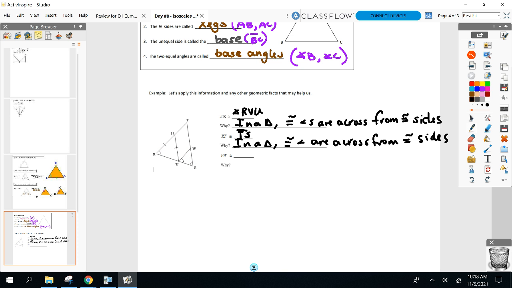Okay, one more, VW. Find another side congruent to VW. Remember, it's got to be in the same triangle as VW. So look for the congruent sides. Look for the congruent angles.